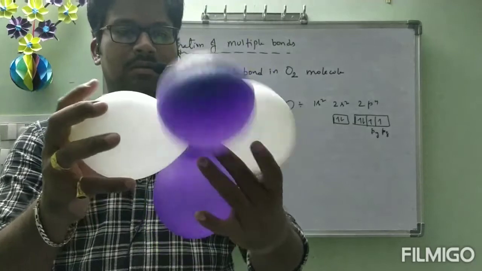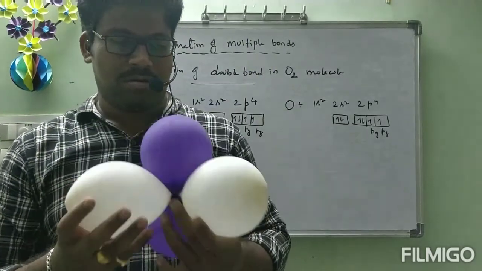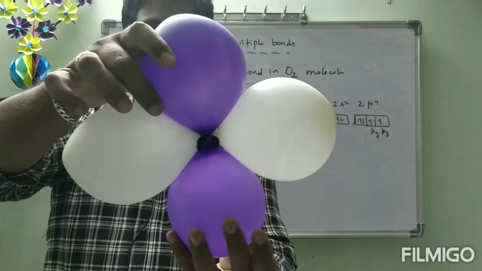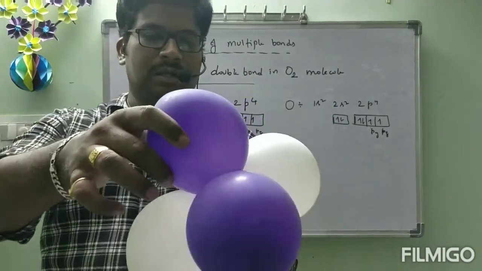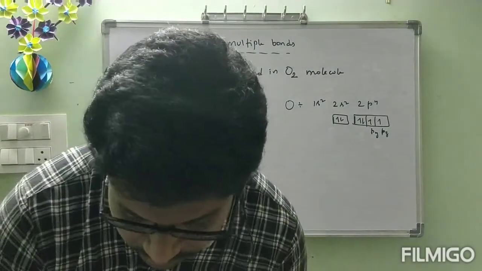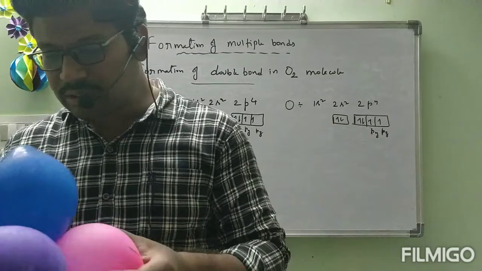See. These are perpendicular to each other, correct? In the same way, here I am going to remove this pink orbital.